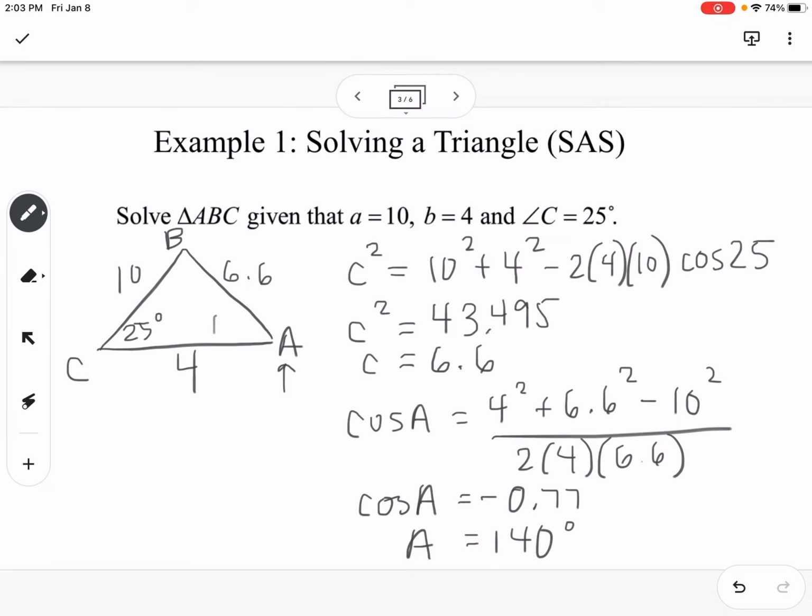If you had done law of sines, you would not have gotten 140. That's why, if you want a foolproof way of getting the correct angle, I would use law of cosines. Now we can find B using 180 minus 140 minus 25, which gives 15 degrees, and we already have all three sides, so that solves our triangle.